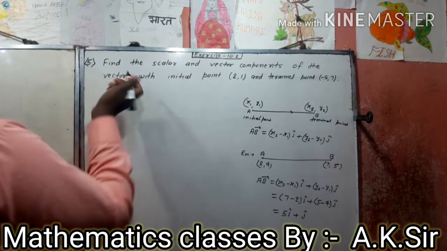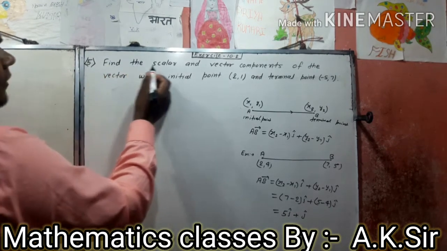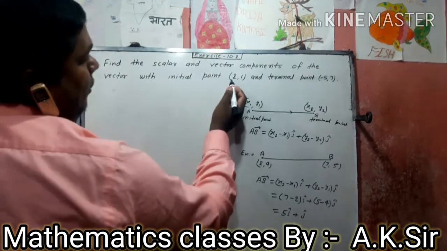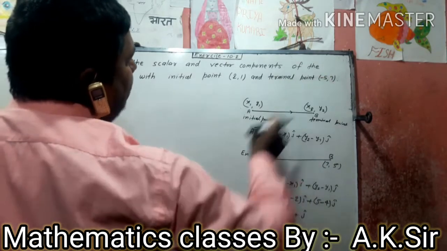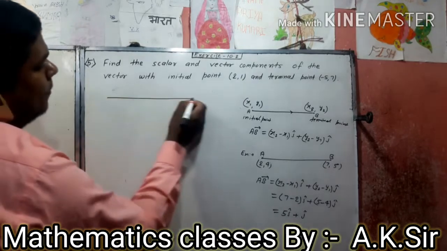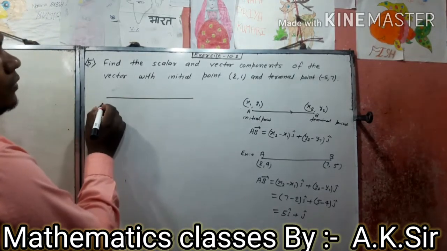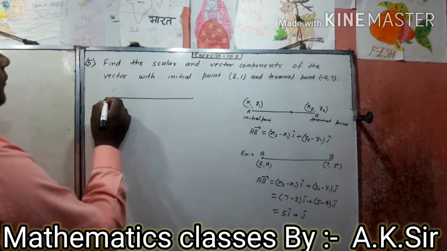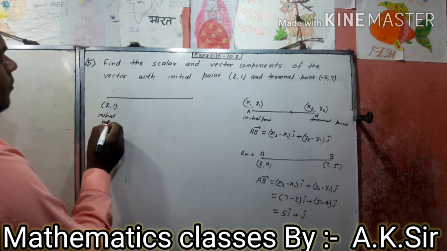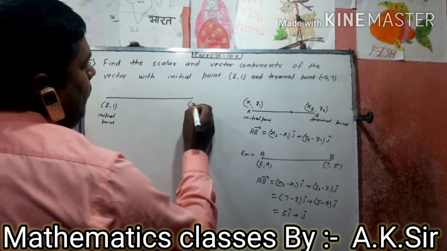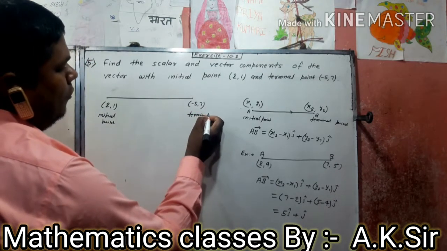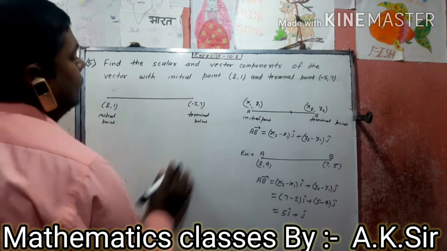In the given question, find the scalar and vector components of the vector with initial point (2, 1) and terminal point (minus 5, 7). (2, 1) is the initial point and (minus 5, 7) is the terminal point.